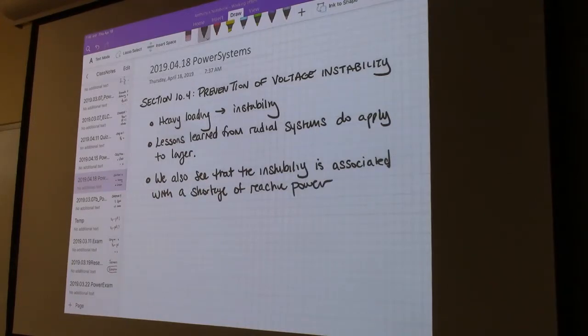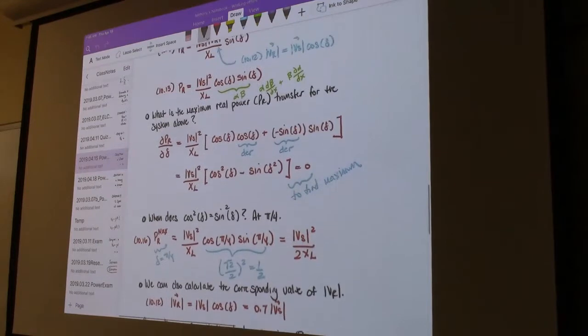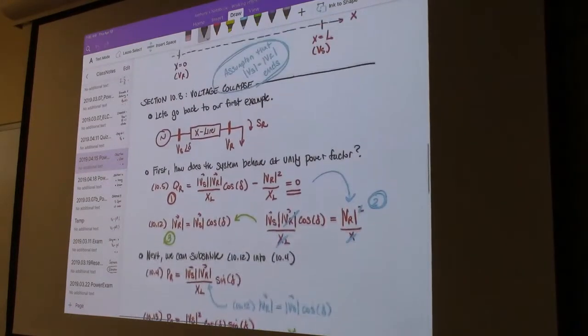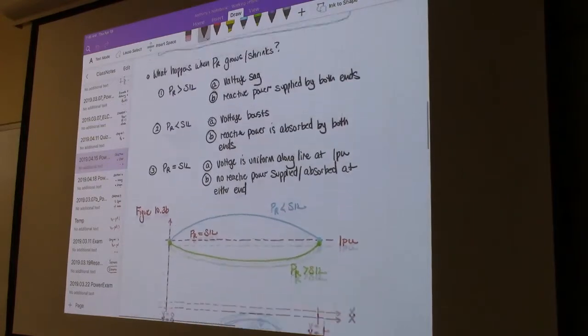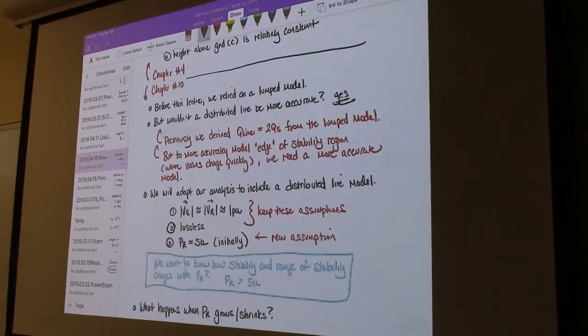If you remember, going back to previous parts here, we talked a lot about the need, like right here, for the Q being supplied by either end of the line. In this case, where it was unity power factor, the Q of the line needs to be half supplied by one end and half supplied by the other end. And if the system can't meet those requirements, that's one of the main things that will lead to the instability.